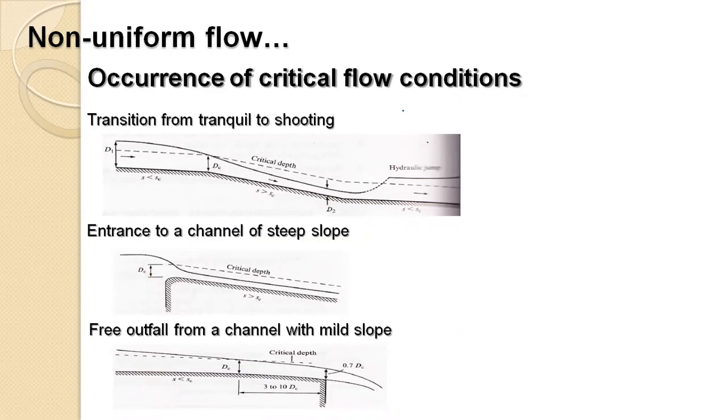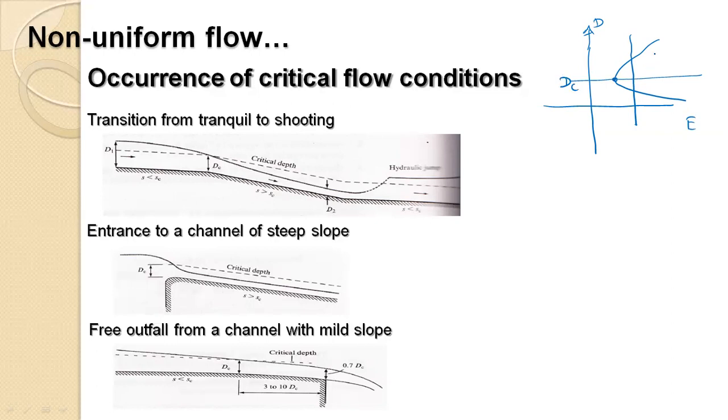Now critical depth corresponds to the minimum specific energy. If I take a rectangular section, so this is E and this is D, and I told you that for a given specific energy there are two water depths, and this is your critical depth.